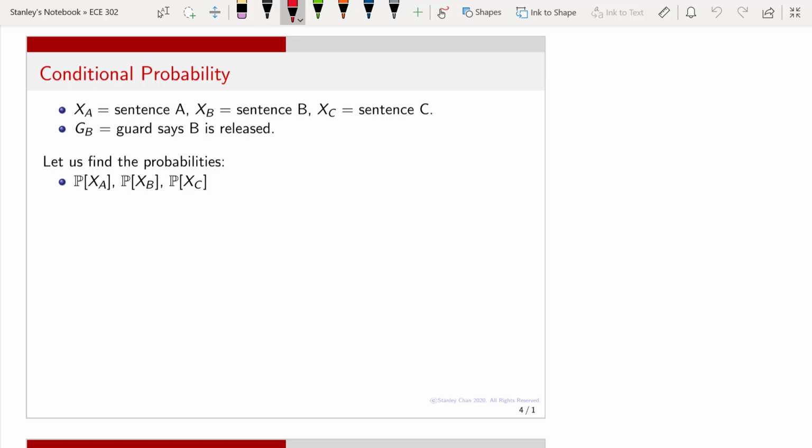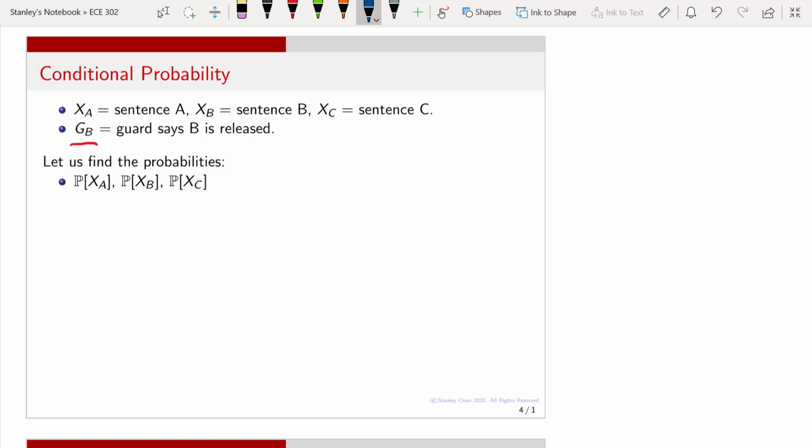These events represent the situation where the king will sentence prisoner A, B, or C. There is another event called GB, where the guard says B is released. So we want to analyze all these probabilities, but at least there are some things we can talk about.